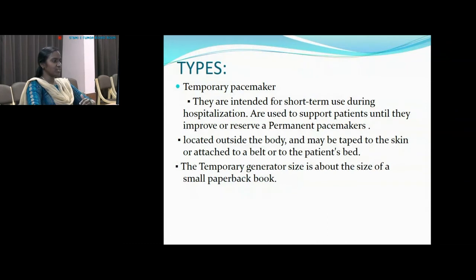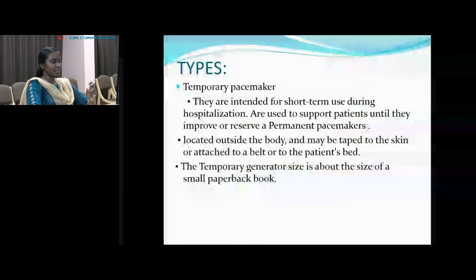The size of the temporary pacemaker is about the size of a small paperback book. It is very small in size.